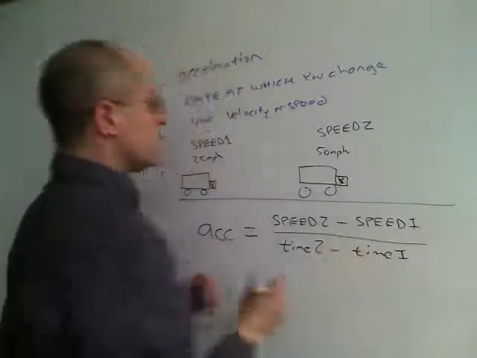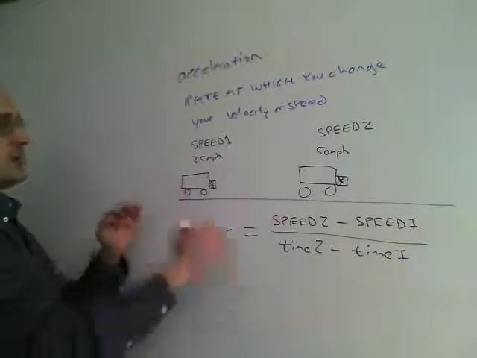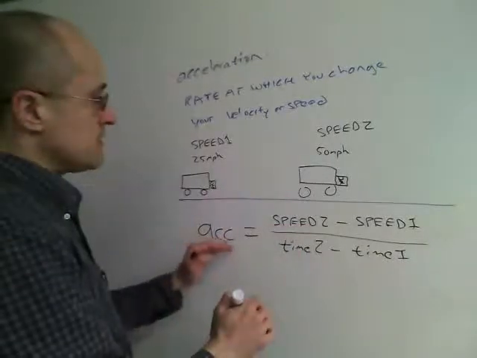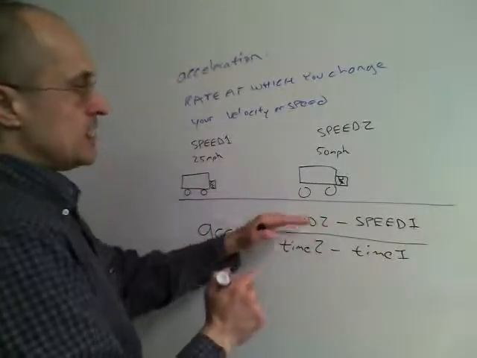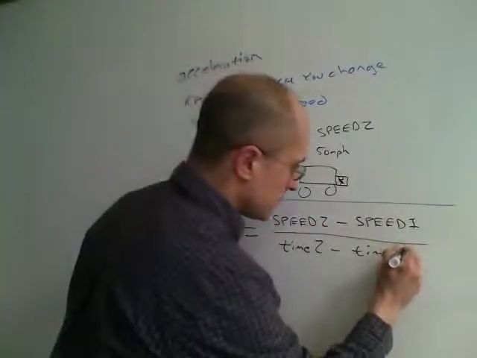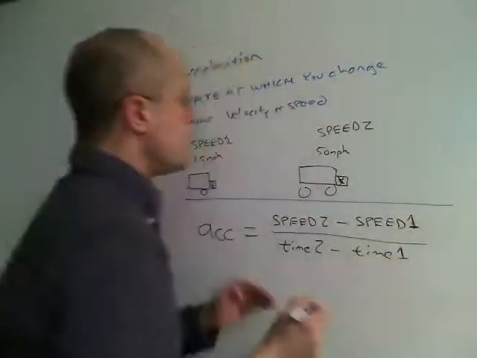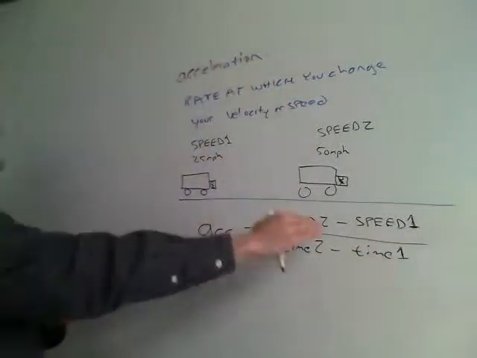So just like when we talked about velocity and speed being the change in your position, acceleration is the change in your speeds in some given time. And so acceleration measures the rate at which your speed changes.